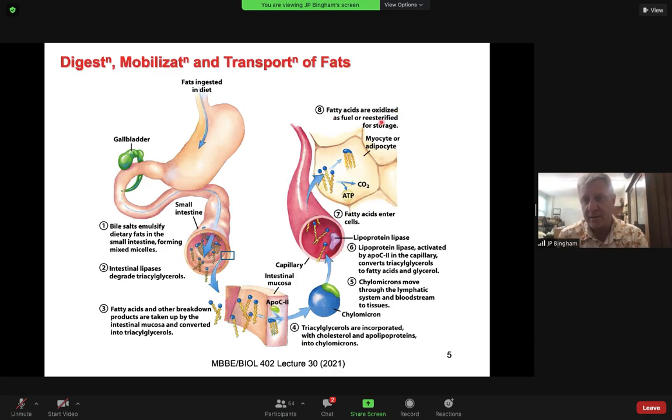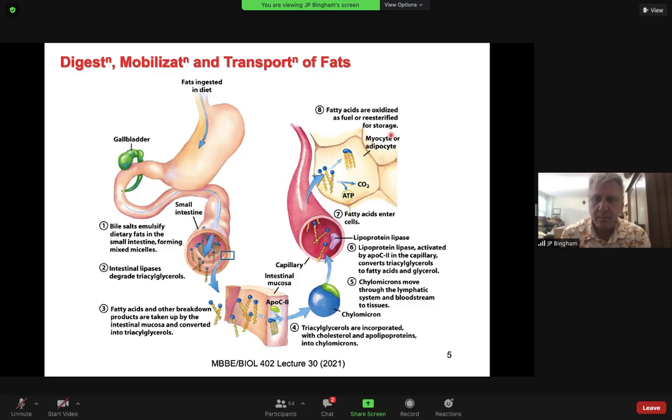So fatty acids are oxidized as fuels or reesterified in forming the triacylglycerols as a storage component. So we don't store free fatty acids. We store triacylglycerols. So again, the constituents that we've talked about in the past.